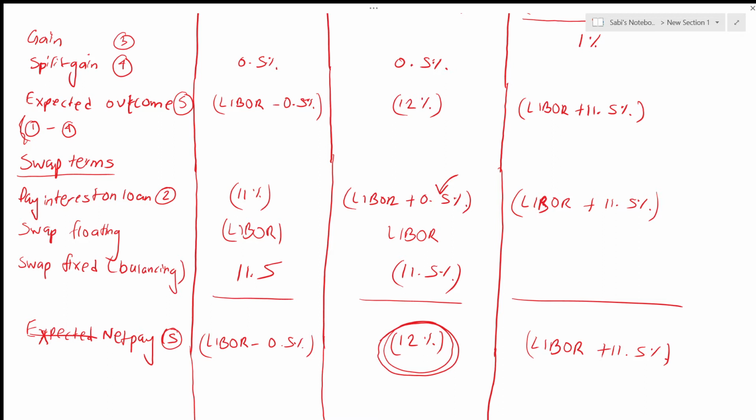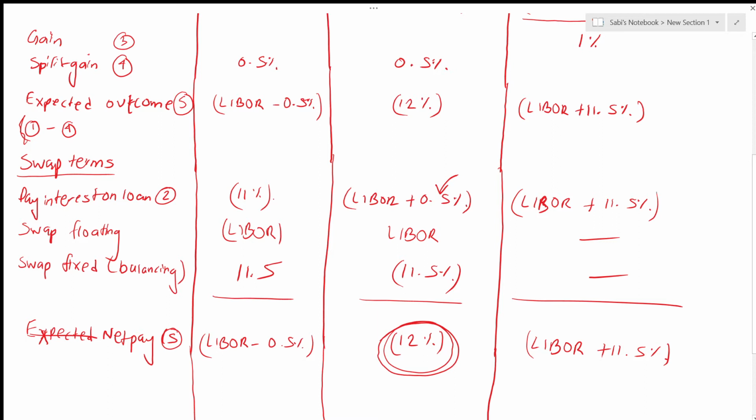Now we'll check, are we getting the right answer or not? No need to put anything in the total income. We just want to see if we are getting it individually. First we'll check for the first company, good credit. So this one, 11% plus LIBOR, so LIBOR plus 11% minus 11.5.